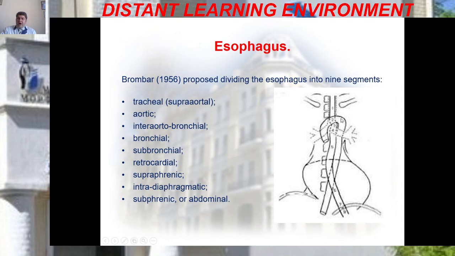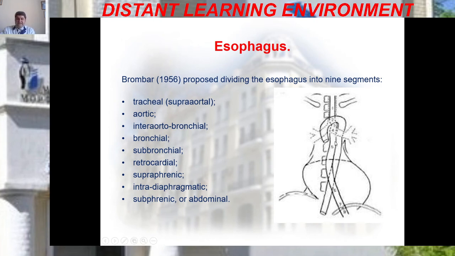Next, aortic segment behind the aortic arch. Number 3, intra-aorta bronchial segment, between the arch of aorta and principal bronchus. Fourth is bronchial segment behind the left principal bronchus.